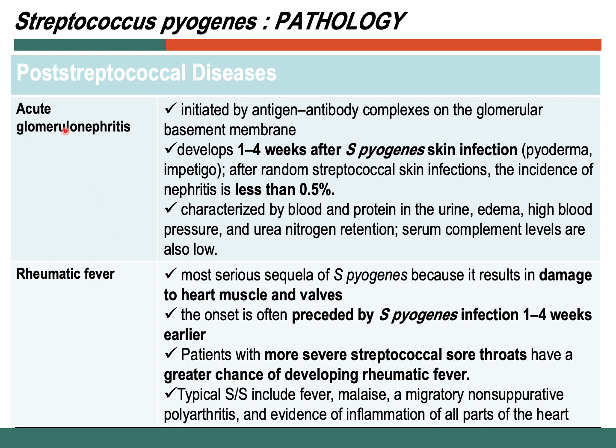So let's start with acute glomerulonephritis. Acute glomerulonephritis is initiated by antigen-antibody complex in the glomerular basement membrane. By the way, acute glomerulonephritis is also known as Bright's disease.